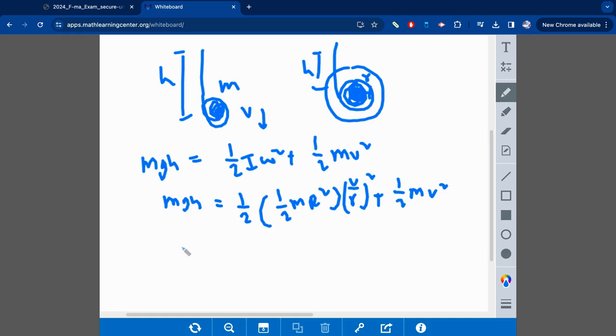So if we try to solve for v, we can cancel out m.